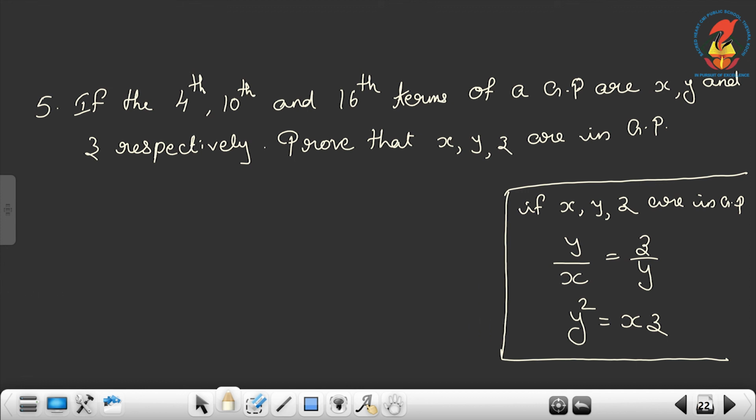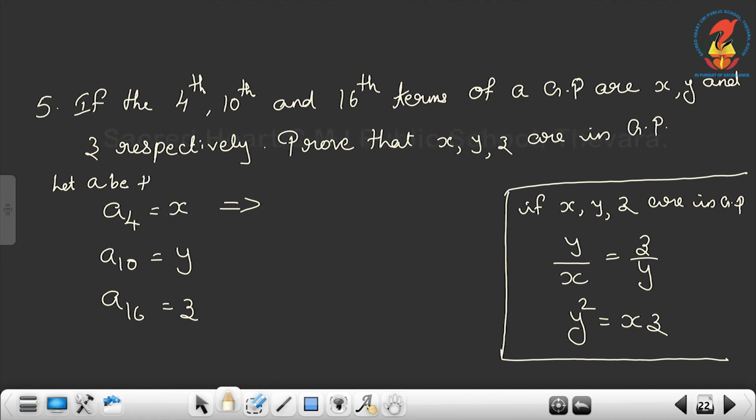So the fourth term is given as x, the 10th term is y, and the 16th term is z. The fourth term is ar raised to 3. So let a be the first term and r be the common ratio.